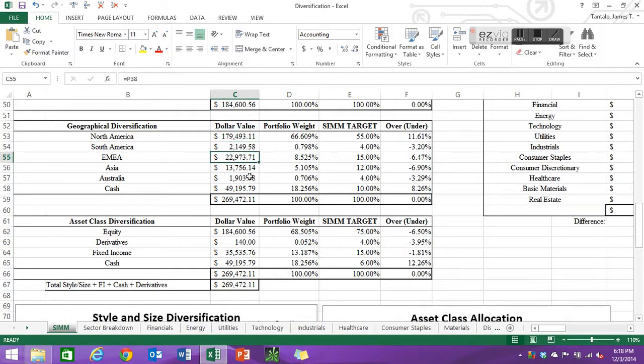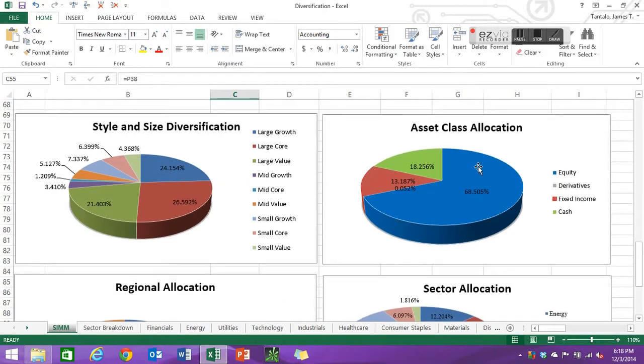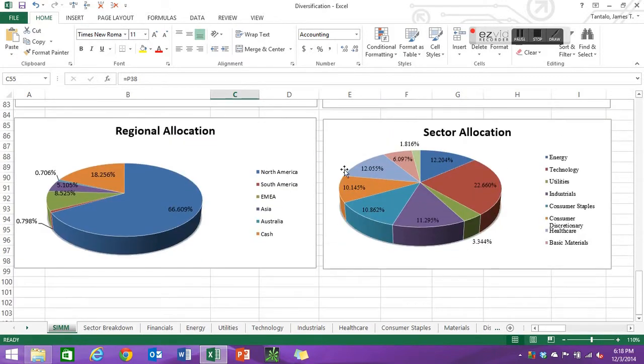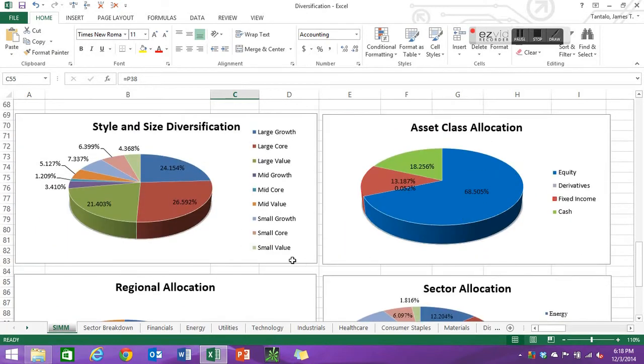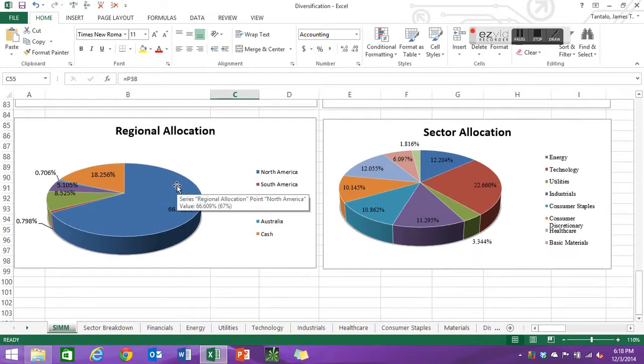So we're looking at about 67% North America, and as you can see over here in our regional allocation, those two are pretty close. So about 67% North America, and about 20% or so is going to be Europe, Middle East, and Africa.